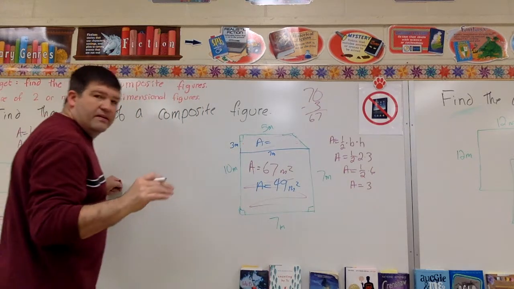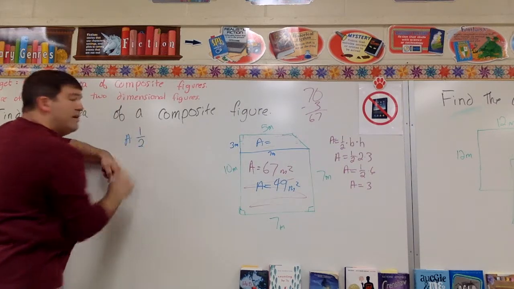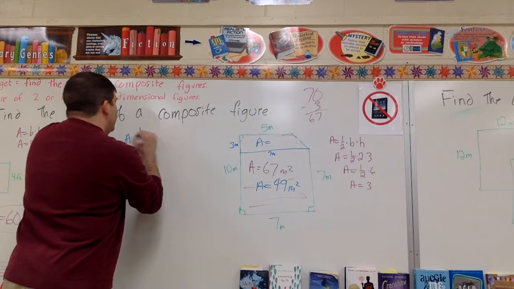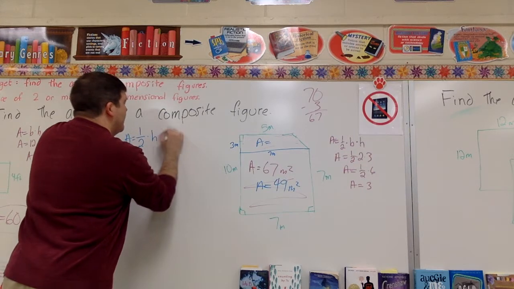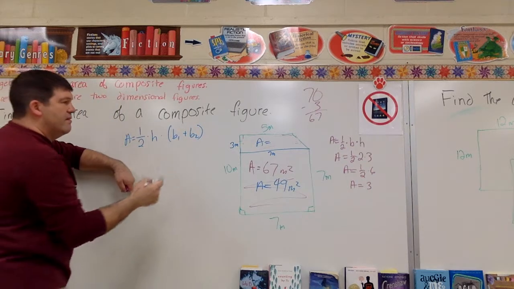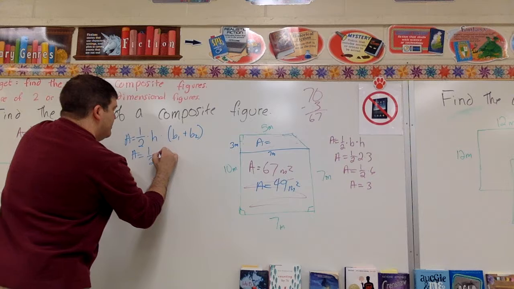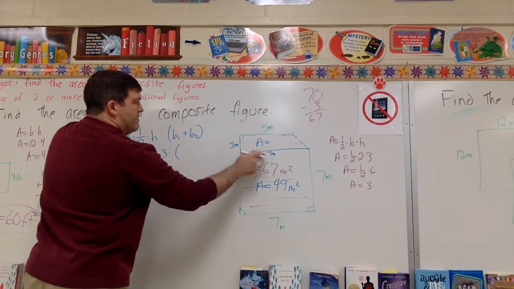Now let's do our formula. Area of a trapezoid is 1/2 times height times base 1 plus base 2. Let's put in the numbers. Area equals 1/2. My height is 3, and my bases are 7 and 5.